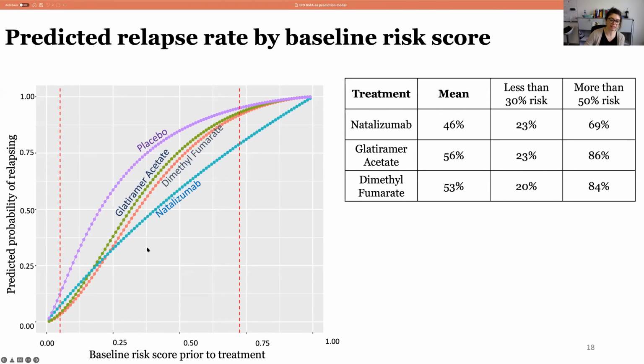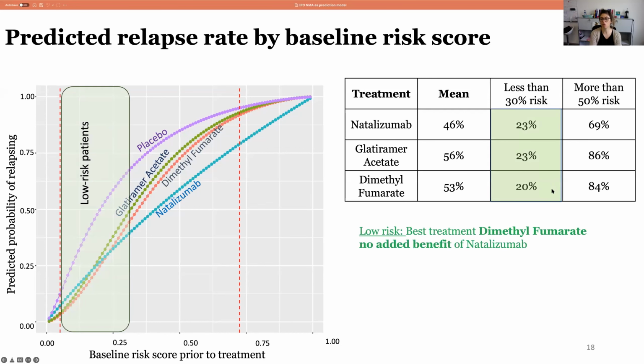But that depends quite a lot on the baseline risk score. So if we take people with less than 30% baseline risk, then natalizumab and glatiramer acetate have pretty much the same average risk of relapsing.